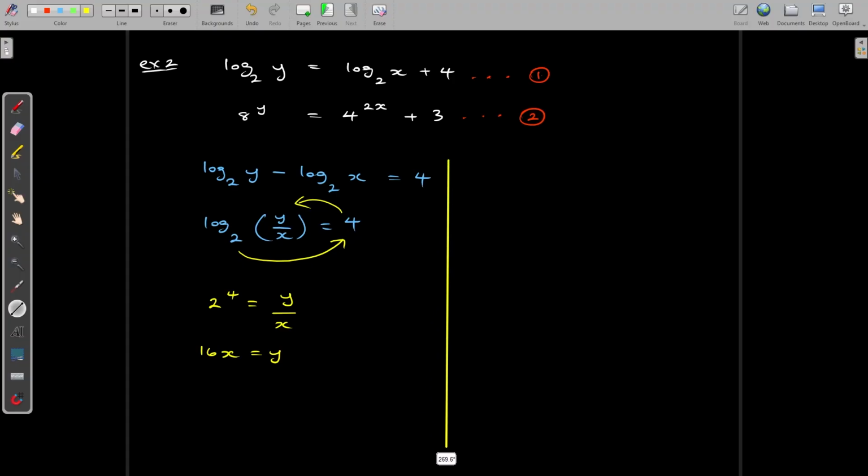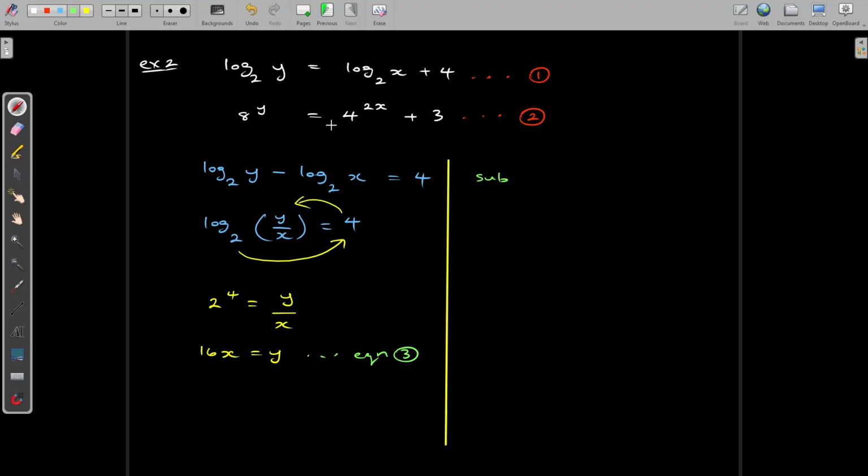And let's see, so this is now our third equation. So this is equation 3. And we can go ahead and substitute that equation inside of this. So substitute.